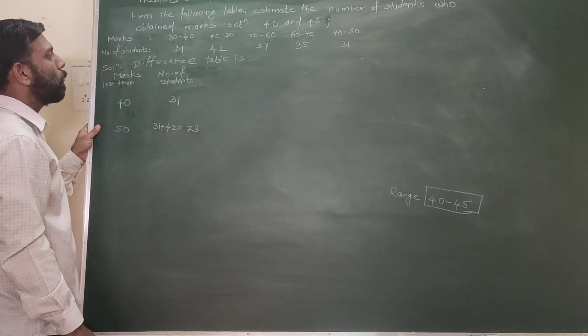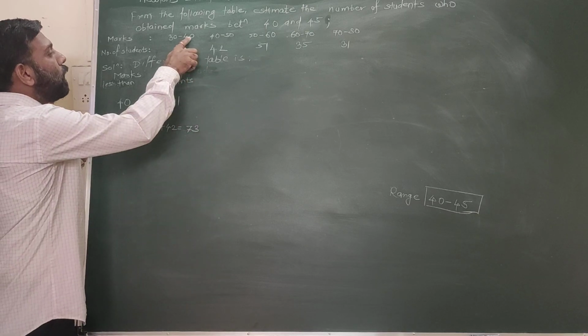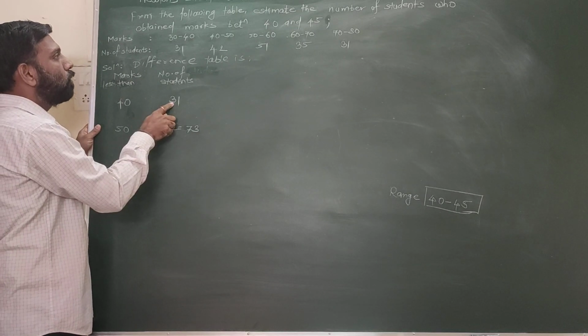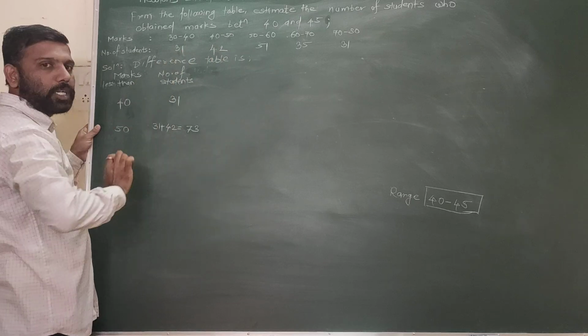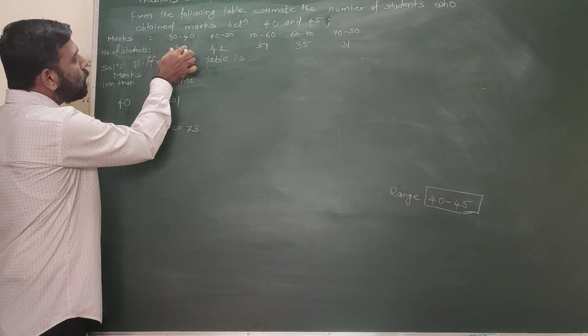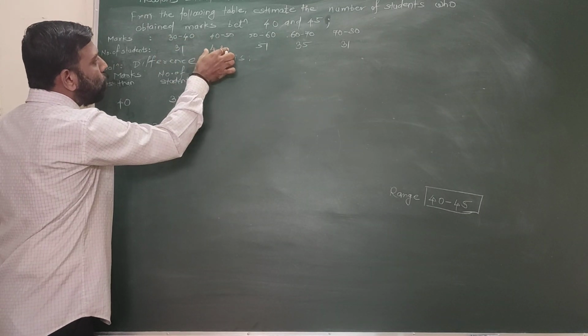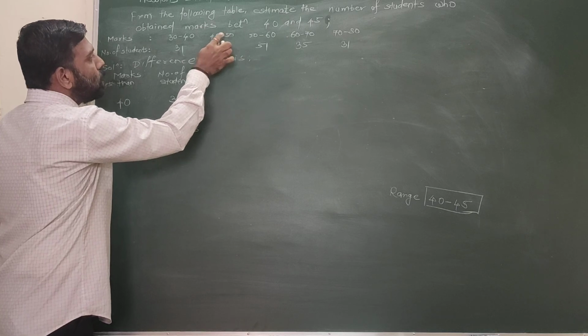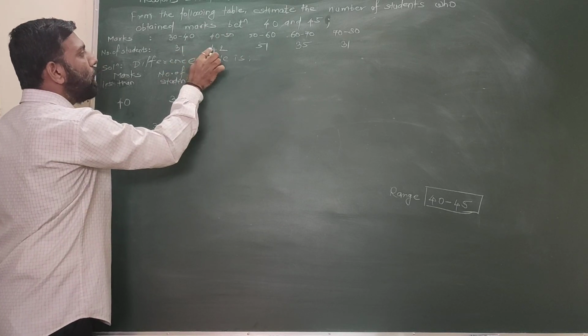So to conclude once again, below 40, there are 31 students. Now below 50, how many students are there? In this range, there are 31. In this range, there are 42. But below 50, if you consider, then these two we have to add.